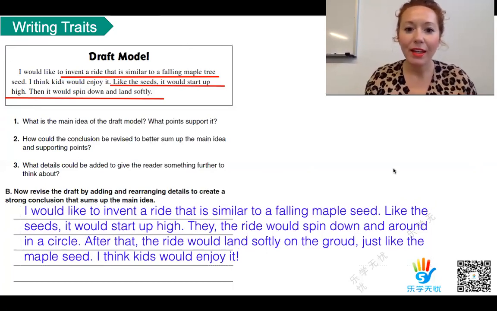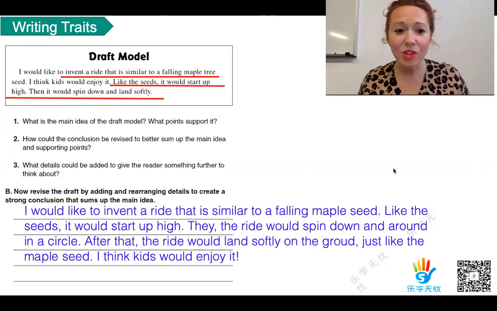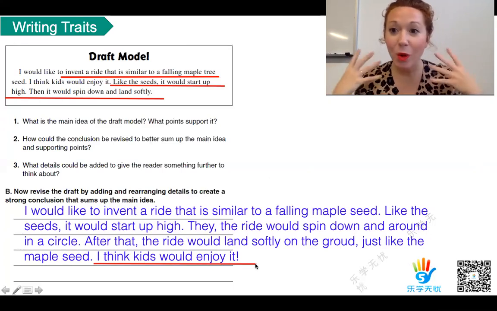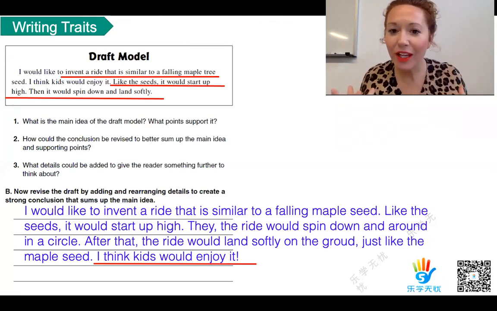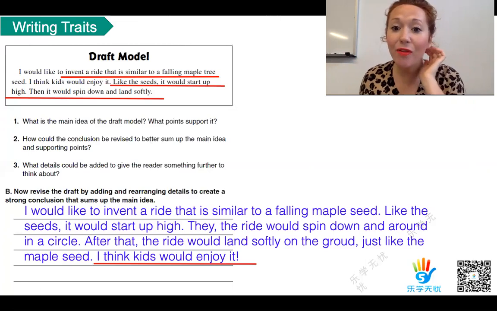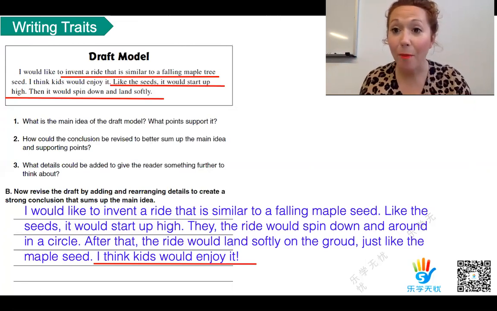All right. Now, I rearranged where I put this sentence. I think kids would enjoy it helps us to summarize all of the different things that we just put into our new paragraph. I would like to invent a ride that is similar to a falling maple seed. Like the seeds, it would start up high.